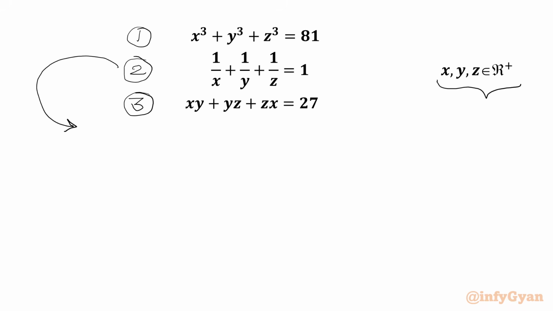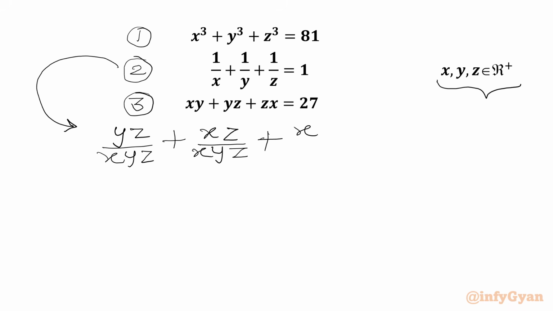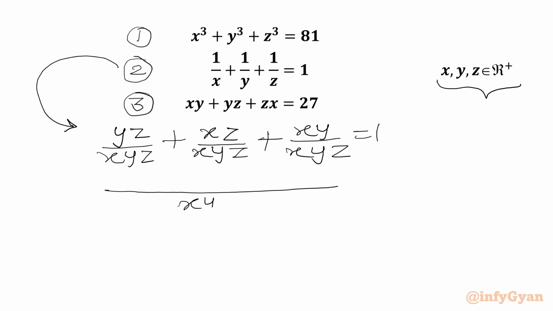1 over x, we can write yz over xyz, plus 1 over y, we can write xz or zx over xyz. Then 1 over z is there, which will be equal to xy over xyz, equal to 1. Now the denominator is the same, xyz.